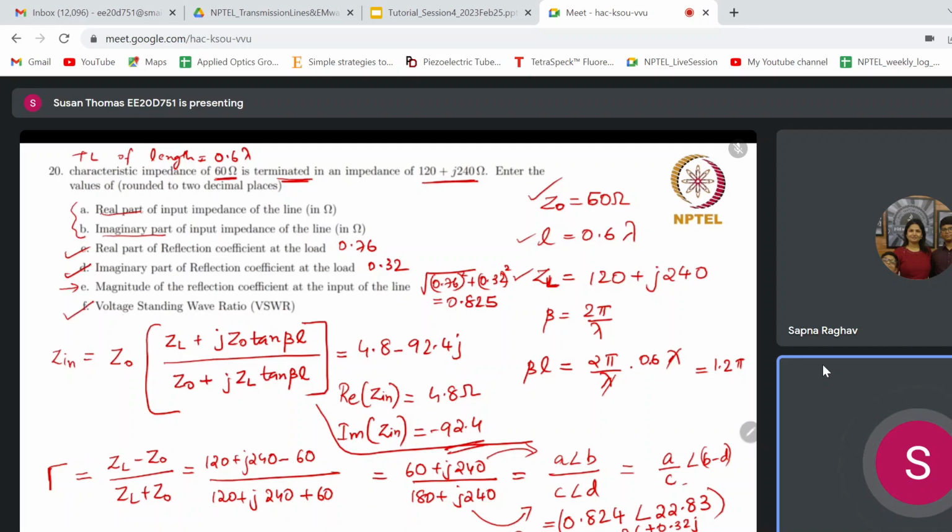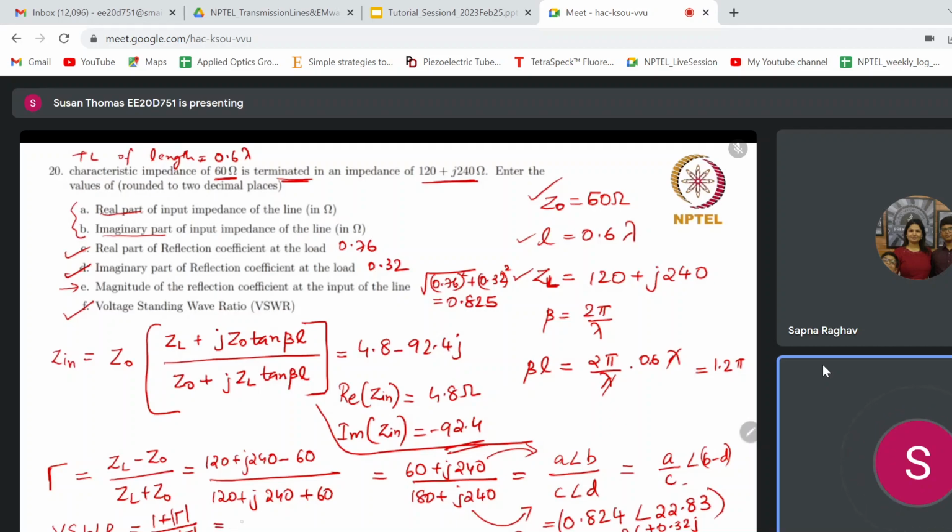Now, how do we do the last part? Voltage standing wave ratio. For this, you need to know the very basic equation of VSWR. It is 1 plus mod gamma divided by 1 minus mod gamma, where mod gamma is the magnitude.